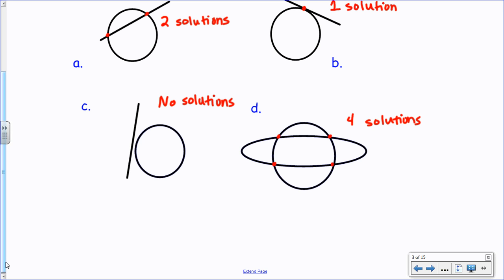So you could have a parabola with a line and has two solutions. You could have a circle with a parabola and have four solutions.